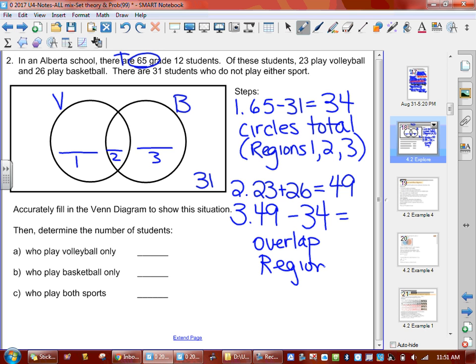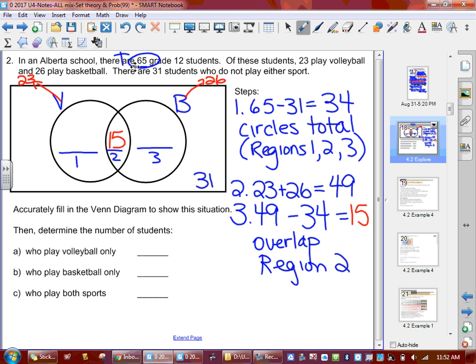Now we're going to finish filling out the rest of the Venn diagram. Volleyball is 23. Basketball adds to 26. Step 4 says I'm going to take my volleyball total, 23, and minus my overlap. That's going to give me V only.